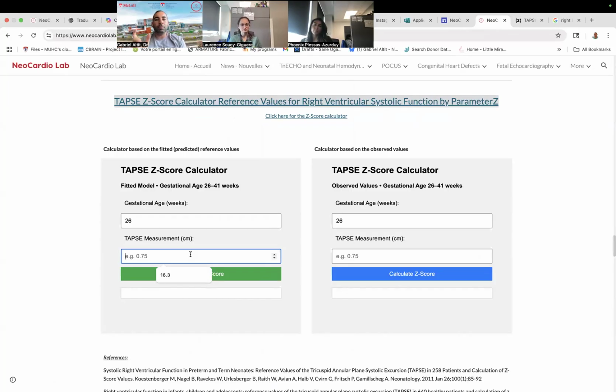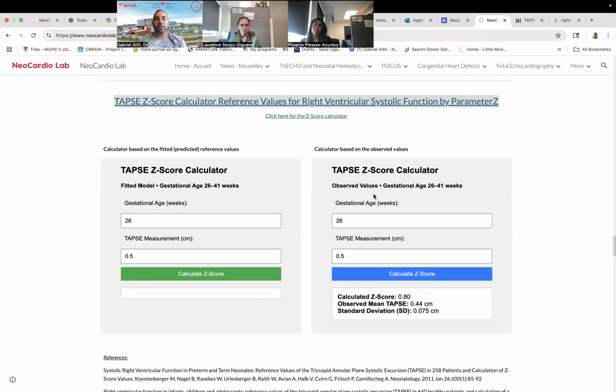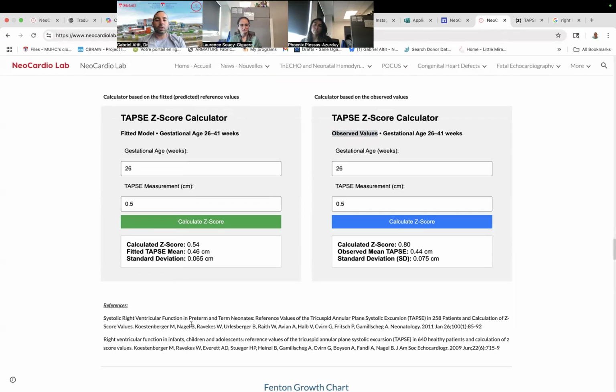So hopefully we'll be able to publish on our normative values eventually for the 7 to 10 days old of these patients. But for example, if you put 0.5 and 0.5, you see that here 0.8, so it's the same as what they used. So they used what we call the observed values. And if you use their fitted model within the publication, it gives you 0.54.